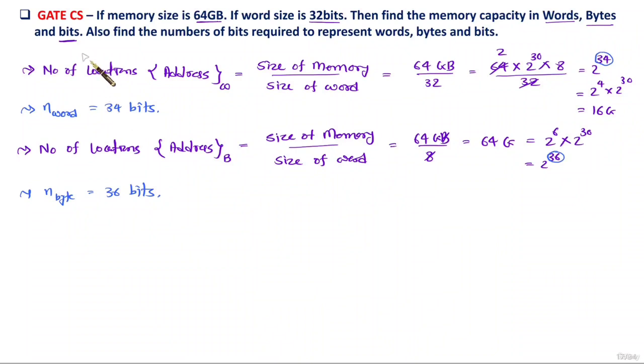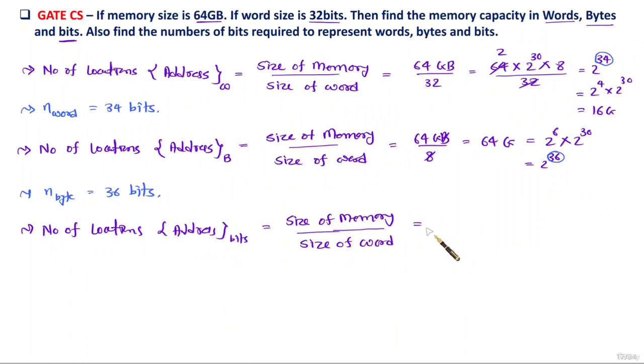Now, when you want to calculate the number of locations for bits, similarly we can have that as per size of the memory divided by size of the word. Size of the memory is 64 GB. Size of the word is 1 bit.